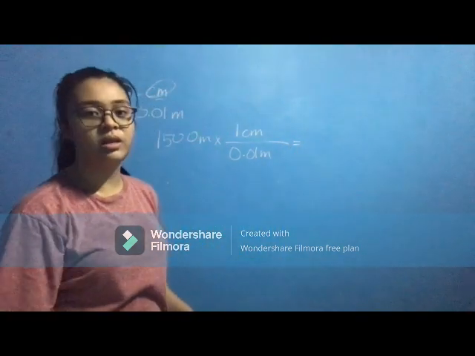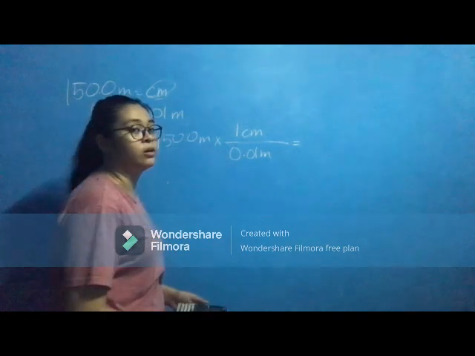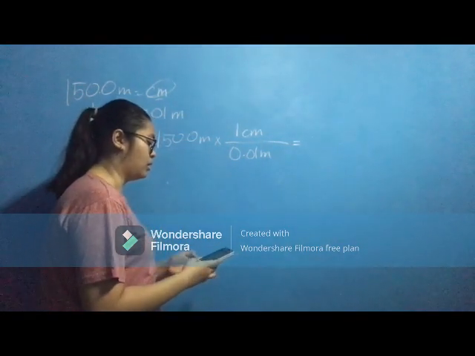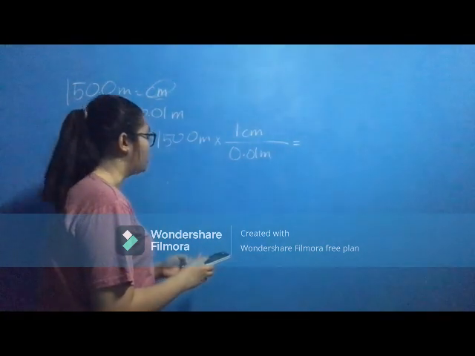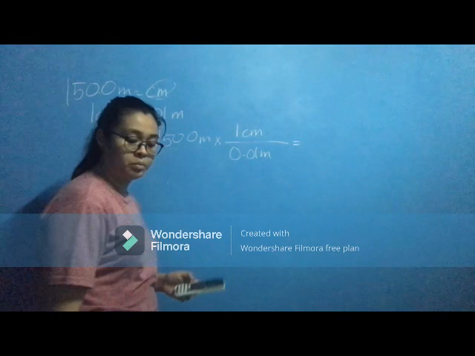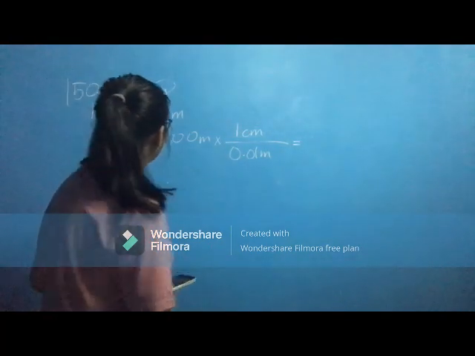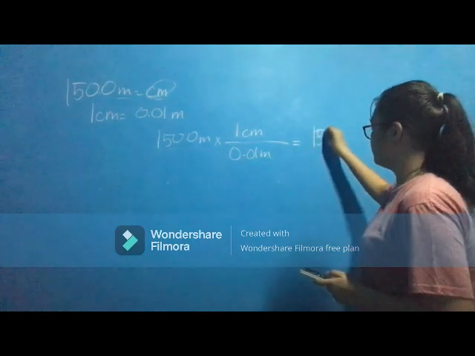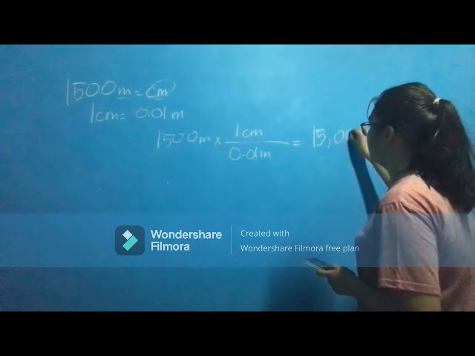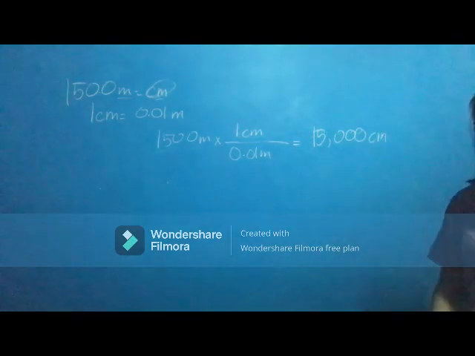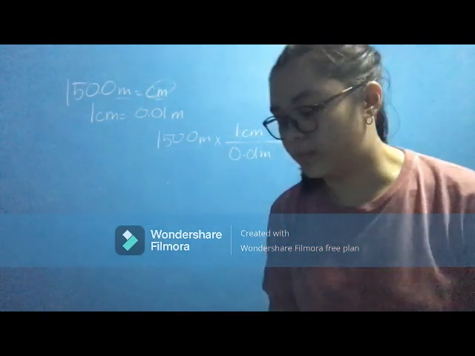Let's multiply it on the calculator, and then we're gonna have our outcome. 150.0 times 1 divided by 0.01 meter. In centimeter, we have as an answer of 15,000 centimeter.